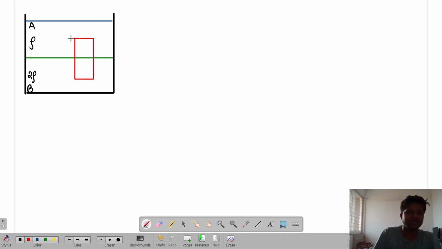Liquid A and B. Okay, I put a cylindrical block inside that.